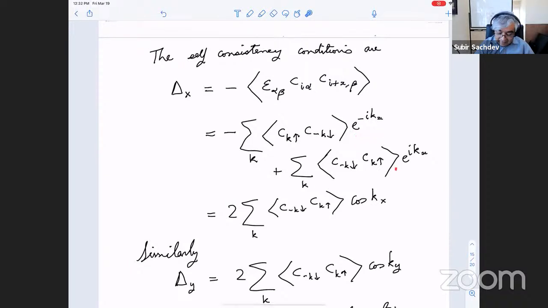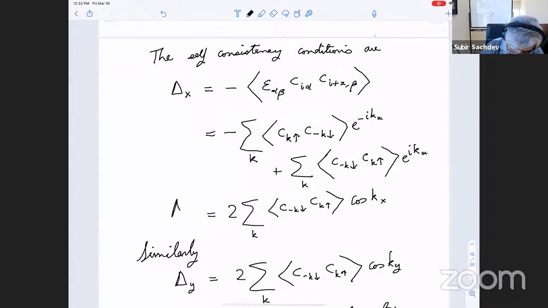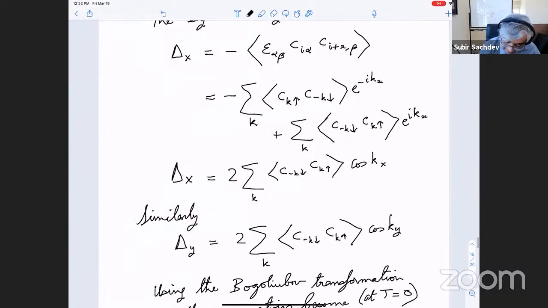And now these are the same because of the symmetries of the pairing. And now I can combine this to get this. So now this is my equation that I have to solve to determine delta x and delta y. This is my equation for delta x. This is my equation for delta y.